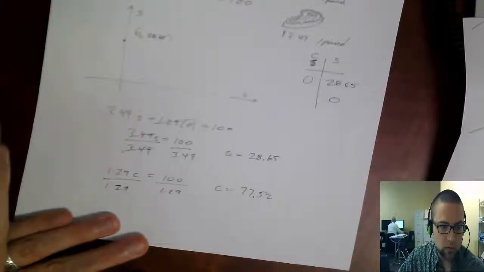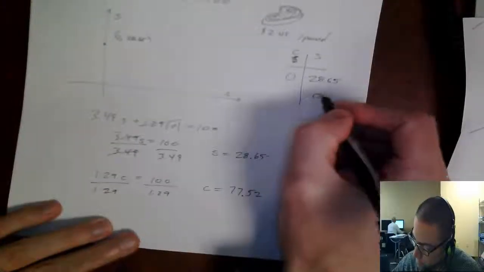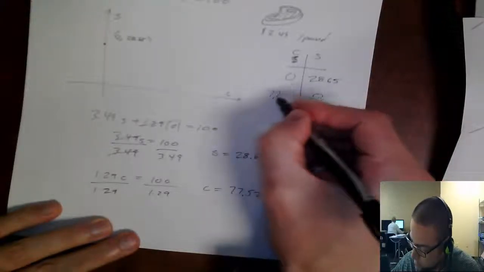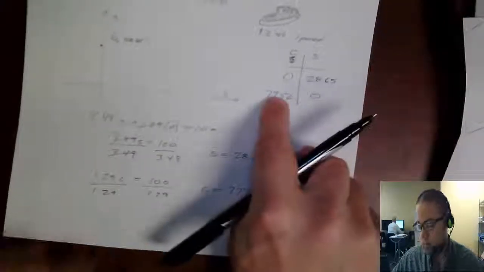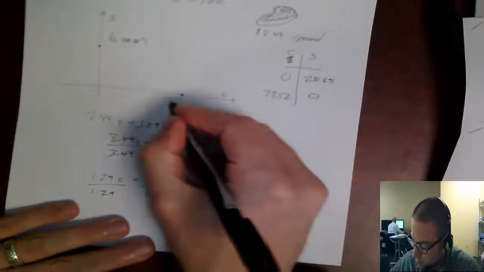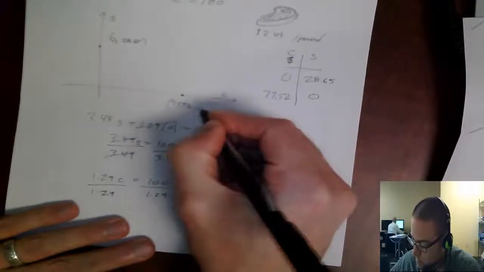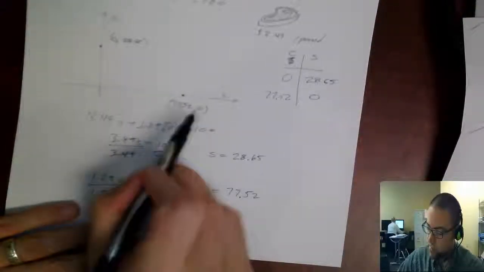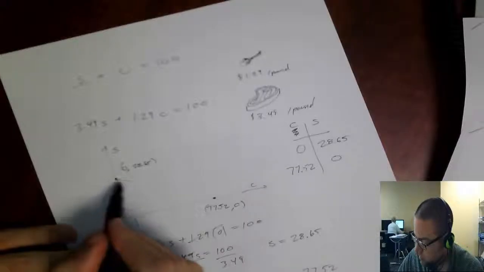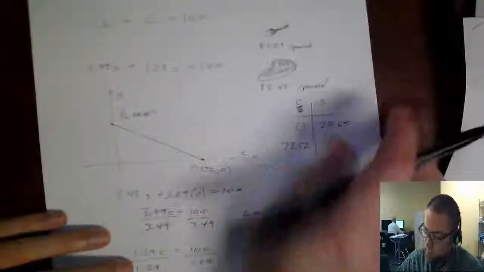So when S is 0, I get 77.52. So I could buy 77.5 pounds of chicken if I bought no steak. So this point is 77.52, 0.